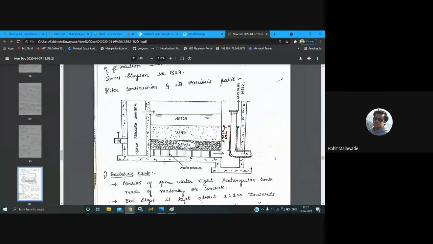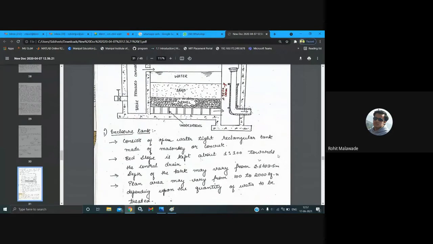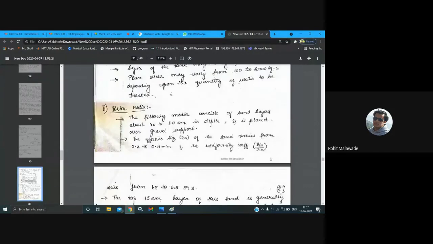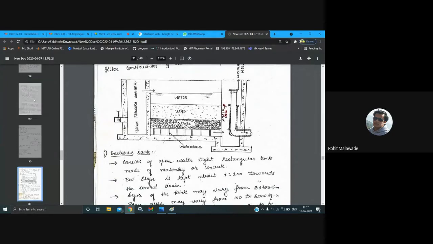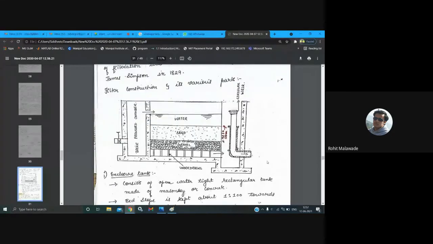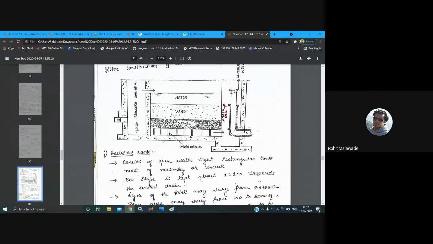So this is how you are going to treat water in a slow sand filter.